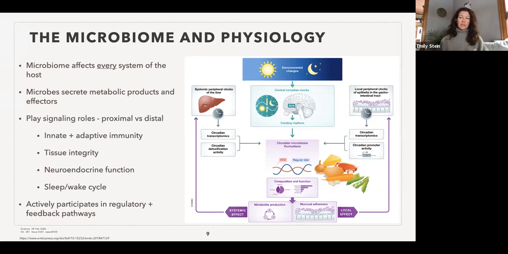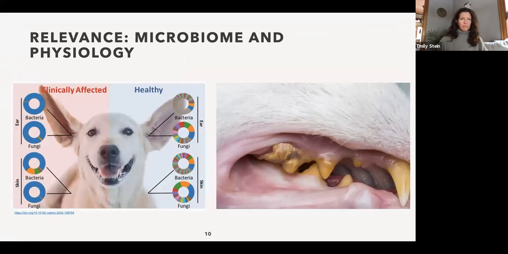And their gene expression actually drives a lot of the host gene expression. So one of the most foundational things that you can do as a veterinarian is to quickly assess how healthy their gut microbiome is, how diverse it is, as a key indicator of whether or not they're going to have some physiologic downstream problem.